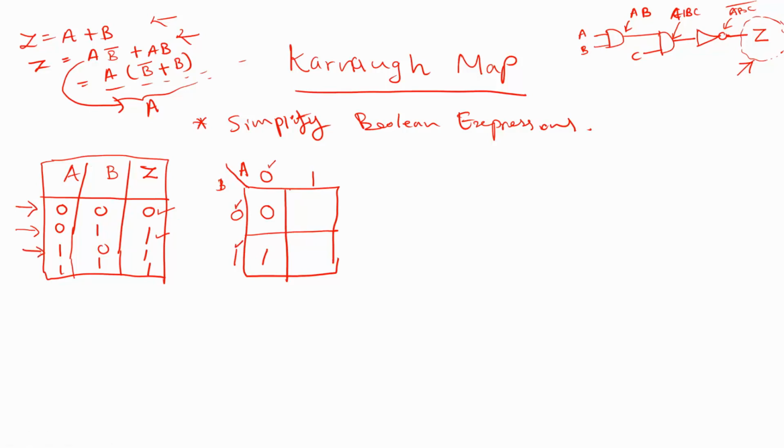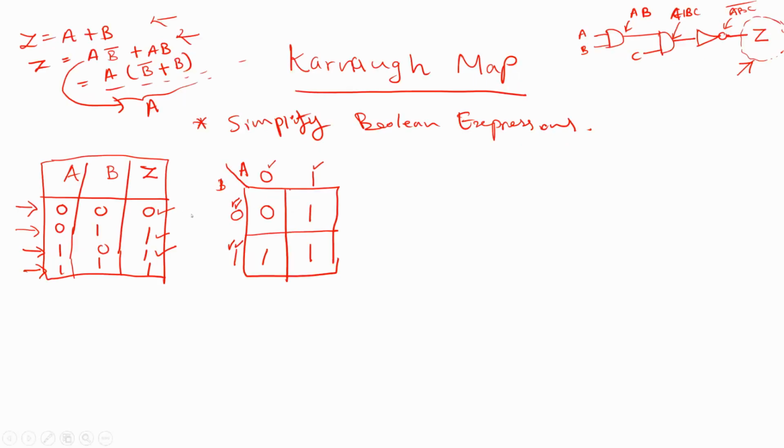And third line, A1 B0, what's the value? 1. Okay, final one, here we have A1 B1, both 1, the final output is 1. Okay.